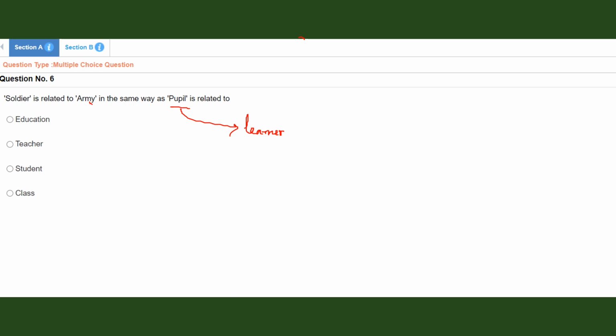Education won't be an analogy to pupil, like how it's soldier to army, because it's a system. And teacher is also a single individual we are talking about.